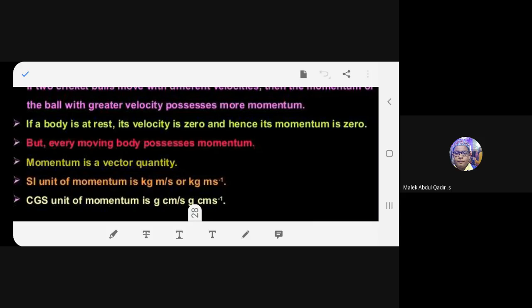It has direction. SI unit of momentum is kg meter per second, or kg meter second inverse. Good. CGS unit of momentum is gram centimeter per second, or gram centimeter second inverse.